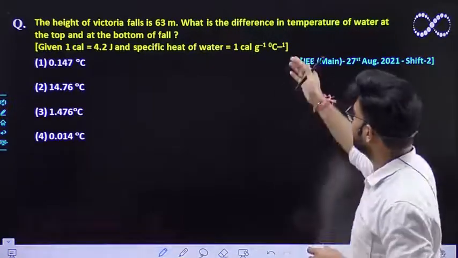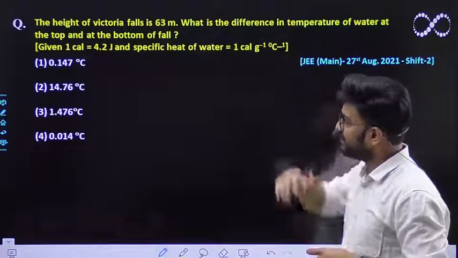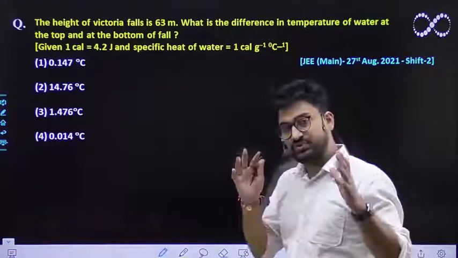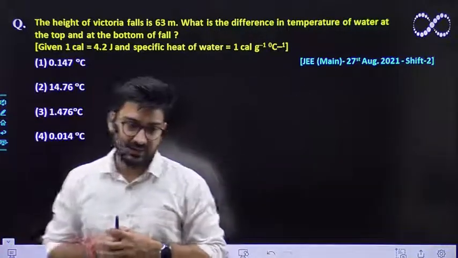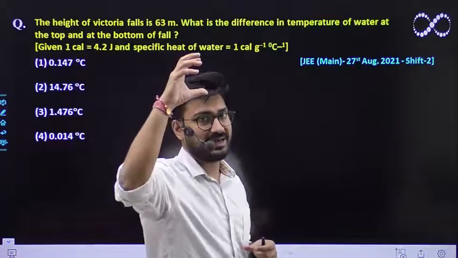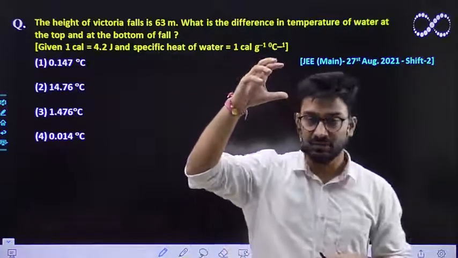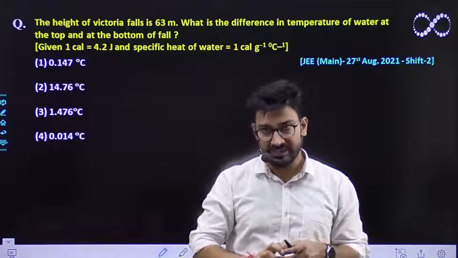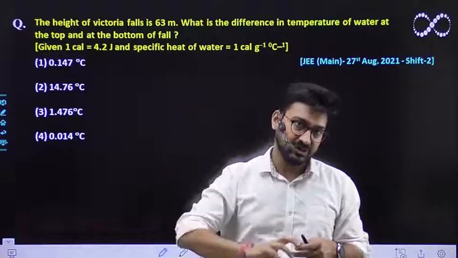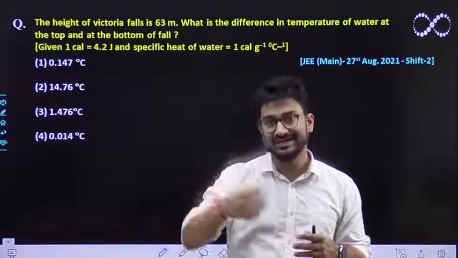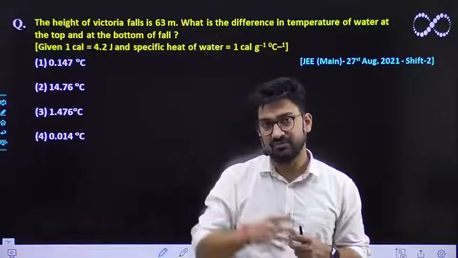So what is the difference in the temperature of the water at the top and at the bottom of the fall? For such type of question, you must remember that if certain amount of water is there at its topmost point, it has got certain temperature. If that amount of water comes to the bottom, obviously the entire potential energy must be converted into heat gained by that mass of water.